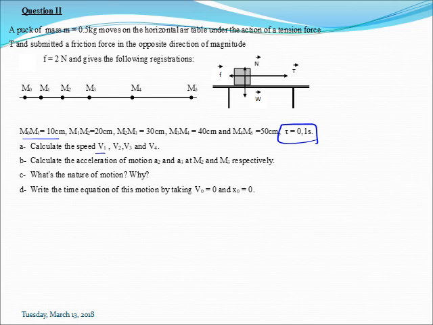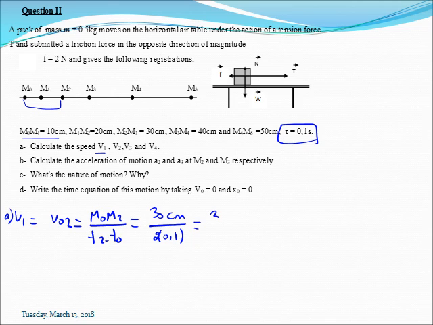Calculate the speed V1. V1 equal V02, which is M0 M2 over T2 minus T0. M0 M2 is equal to 10 plus 20, 30 centimeter over 2 tau. Tau is 0.1. 30 centimeter is 30 times 10 power minus 2 over 0.2, which gives 1.5 meter per second.